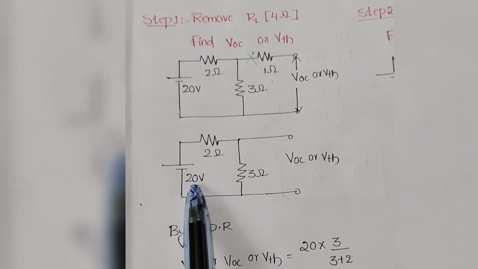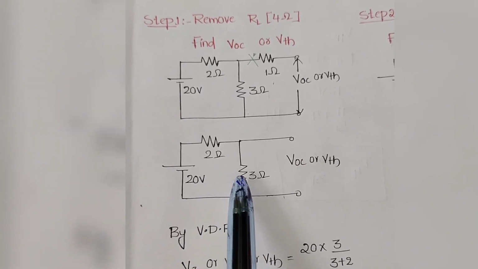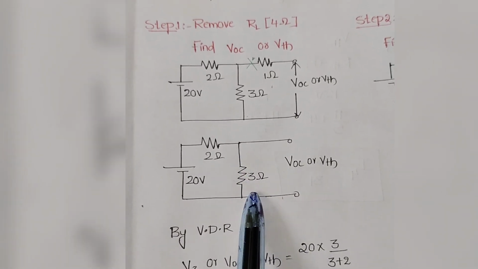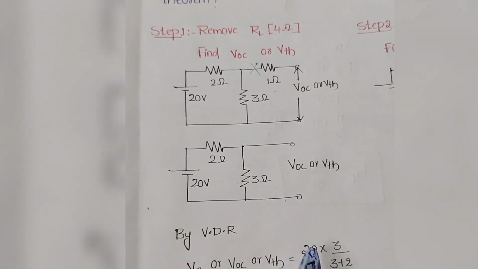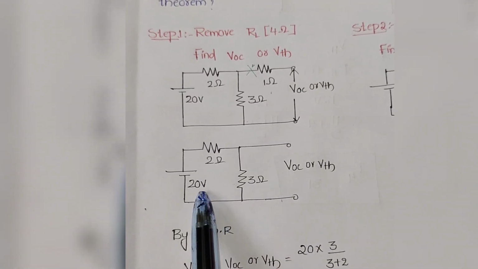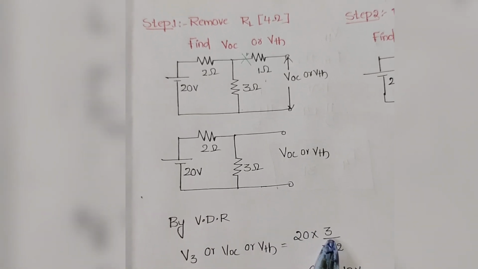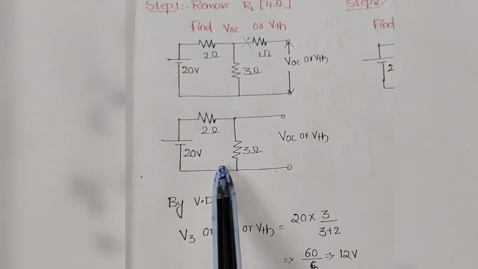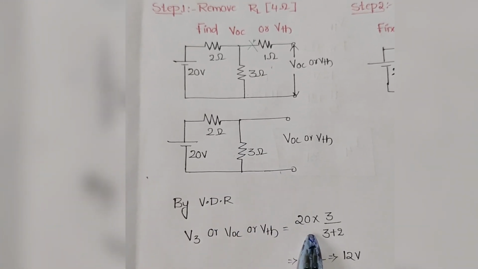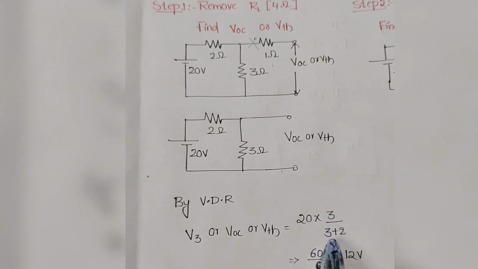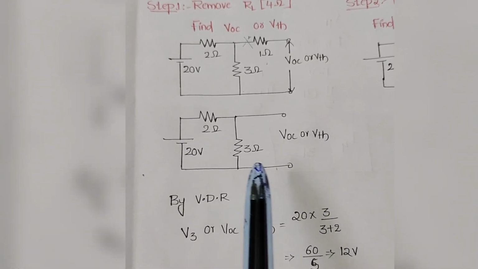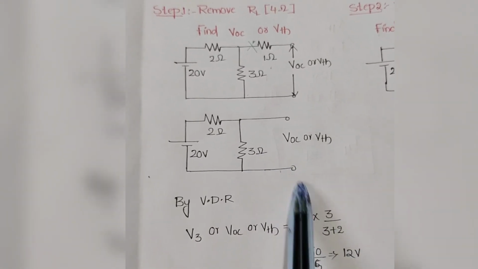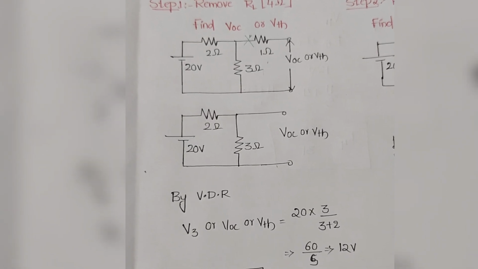Total voltage is 20, the resistance across which we find the voltage is 3, and the total resistance is 2 plus 3. So the value is 20 into 3 by 3 plus 2. So the voltage across 3 ohms, or VTH or VOC, is 12 volts.